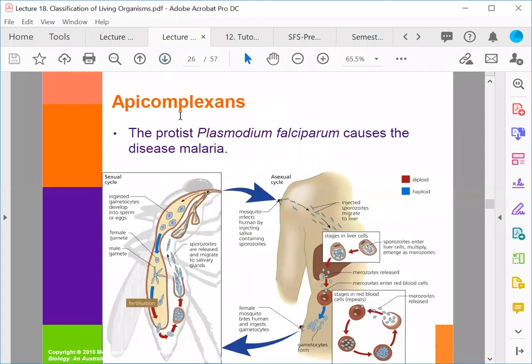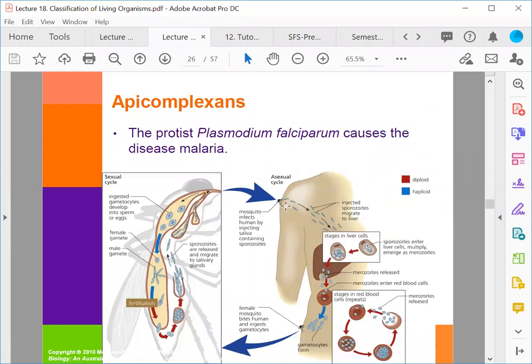All right, another interesting group, the apicomplexans, and the most famous member of this group is the protist called Plasmodium falciparum, because it causes that disease that still kills thousands and thousands of people every year, malaria. This protist is carried by a particular type of mosquito called the Anopheles mosquito, and it's transmitted to humans when the mosquito takes a blood meal from a human.